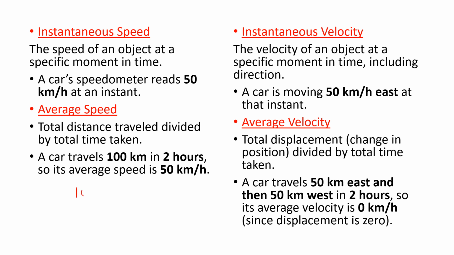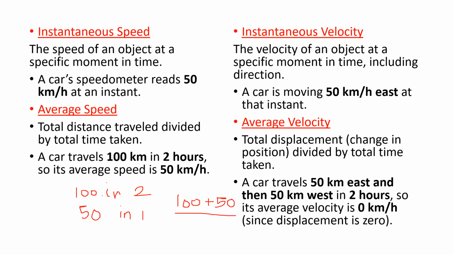Another example: if a car travels 100 km in 2 hours and 50 kilometers in 1 hour, what will be the average speed? 100 plus 50 divided by the total time.